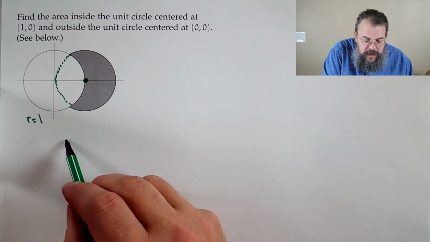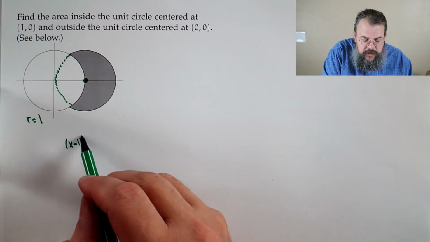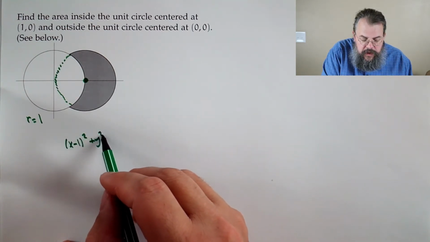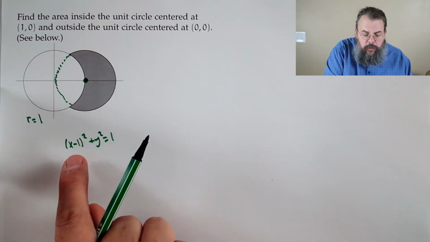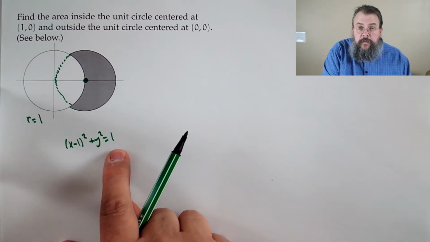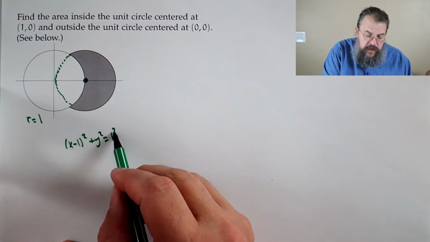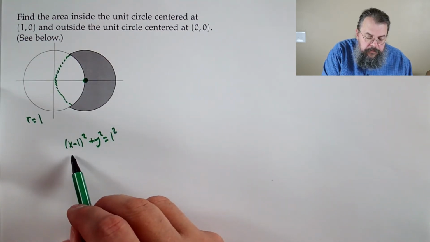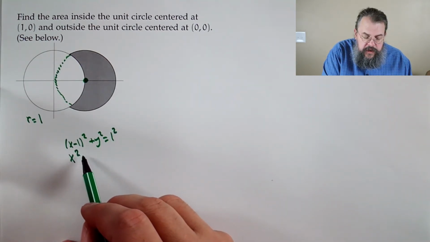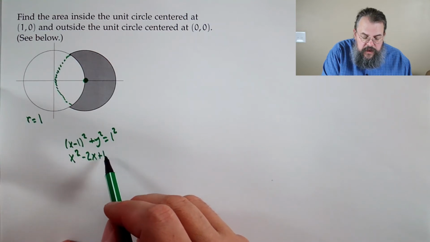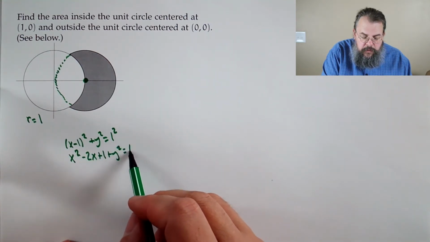So this would be x minus 1 squared plus y squared equals 1, because the center is at 1, 0 and the radius is 1. Now, let's clean this up. This becomes x squared minus 2x plus 1 plus y squared equals 1.